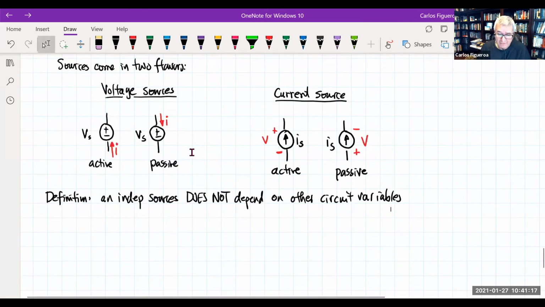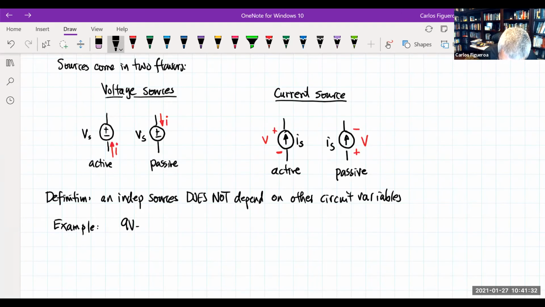One very, very simple example that we could imagine here is a 9-volt battery. So let's talk about examples here. One example would be a 9-volt battery is an independent voltage source.